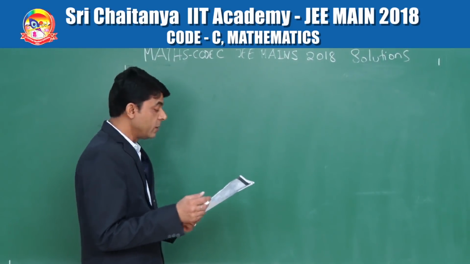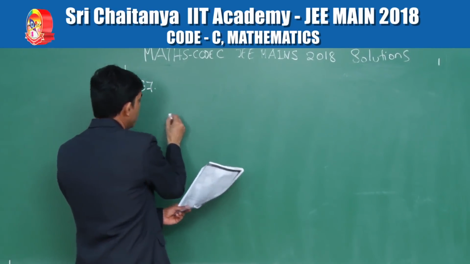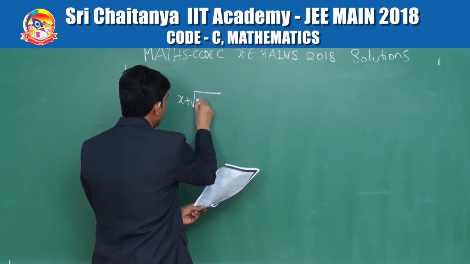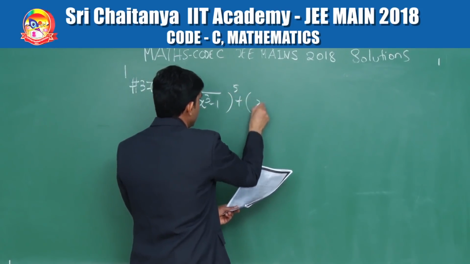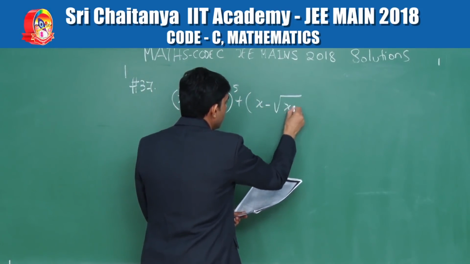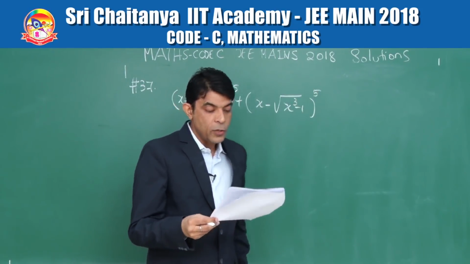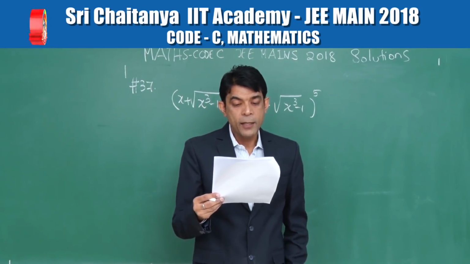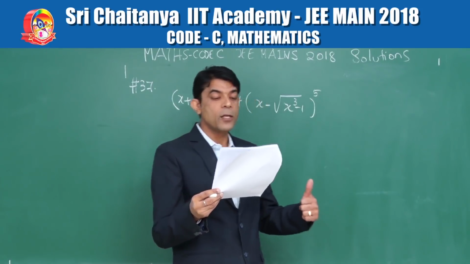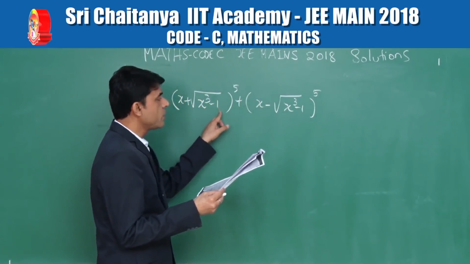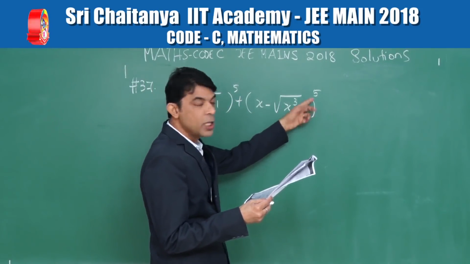Let's do number 37. The question asks you to find the sum of the coefficients of all odd degree terms in the expansion of x plus root x cube minus 1 whole to the power 5 plus x minus root x cube minus 1 whole to the power 5.